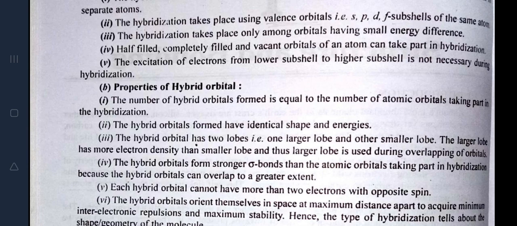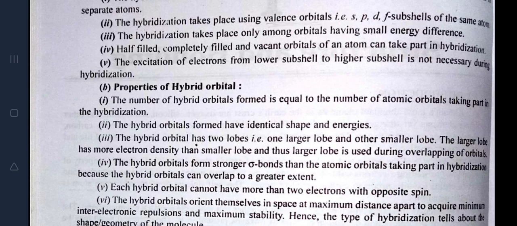The larger lobe has more electron density than the smaller lobe and thus the larger lobe is used during overlapping of orbitals. The hybrid orbital forms a stronger sigma bond than the atomic orbitals taking part in hybridization because the hybrid orbital can overlap to a greater extent.